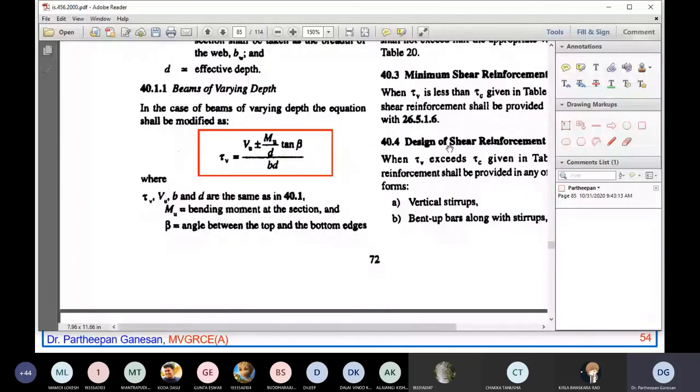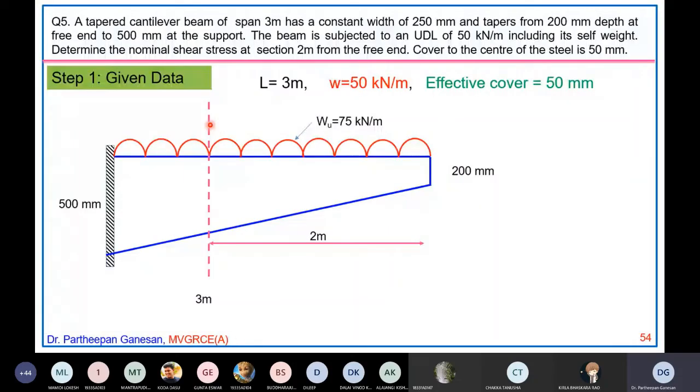So what is MU? Bending moment at the section. Wherever you want to find out shear stress, at that section, whatever is the bending moment MU, and VU is also the shear force at that section. Okay. So I have to find out what is the bending moment and shear force at this point.